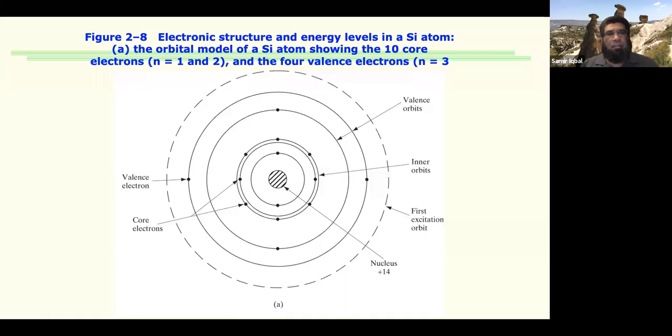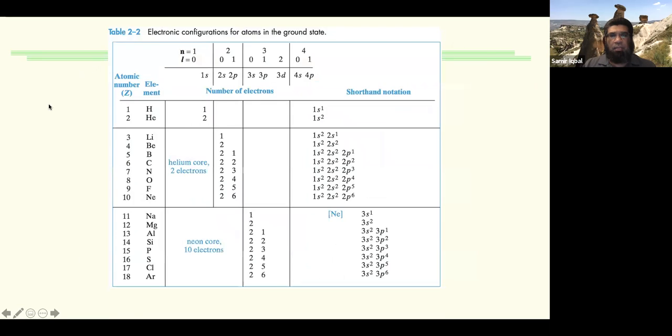For any electron, the further away from the nucleus it is, the higher energy it has, right?